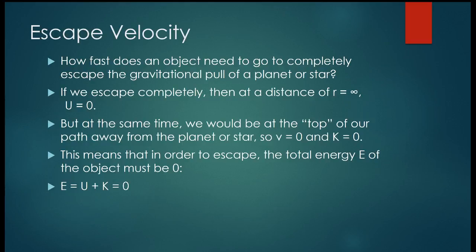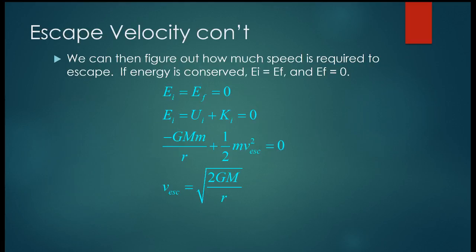Now, using conservation of energy, we can figure out how much speed is required to escape. So if E initial is equal to E final, which is zero, then we can say that U initial, which will be negative GMm over R, plus K initial, which will be 1/2 m v escape squared, is equal to 0, and that can get us our escape velocity of root 2GM over r.